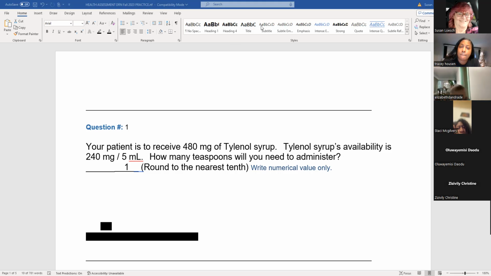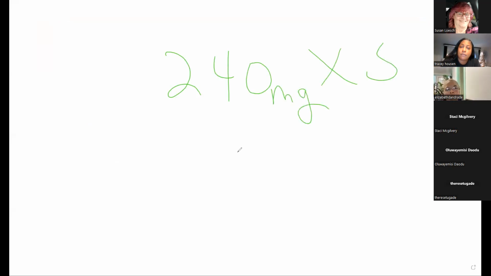Going to go to the whiteboard. So we have 240 per 5 ml. Our order is 480.